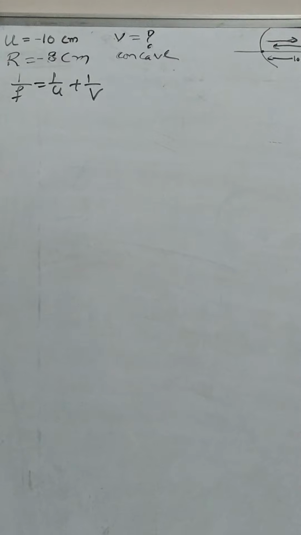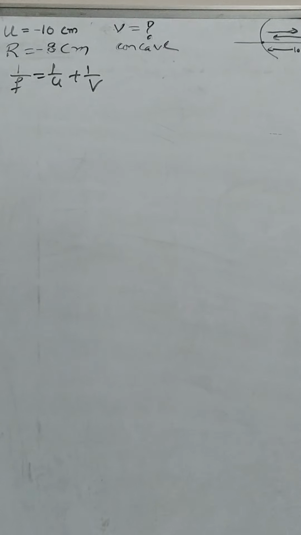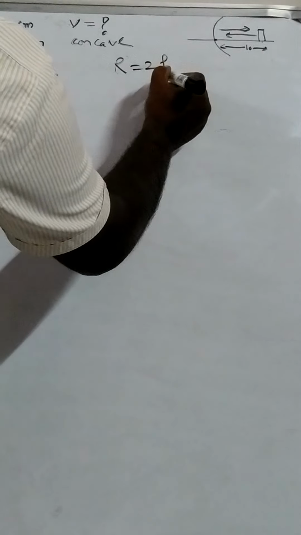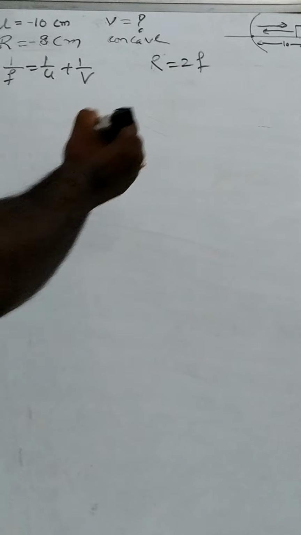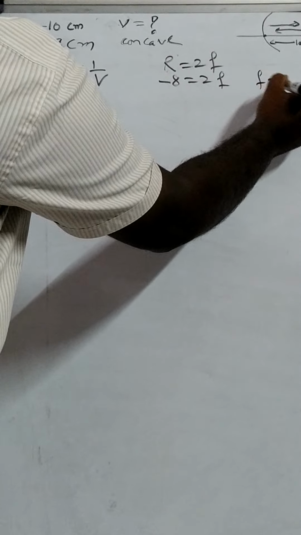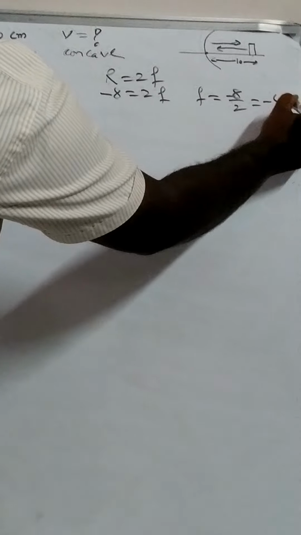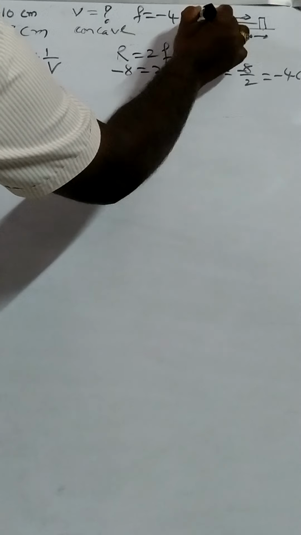I told you in the earlier class the relation between radius of curvature and focal length: R is equal to 2F. Here R is given, minus 8 equals 2F. So F equals minus 8 by 2, nothing but minus 4 centimeters. So focal length F equals minus 4 centimeters.